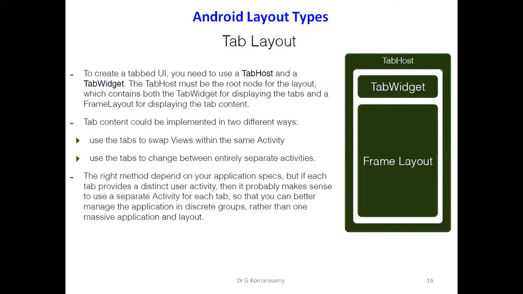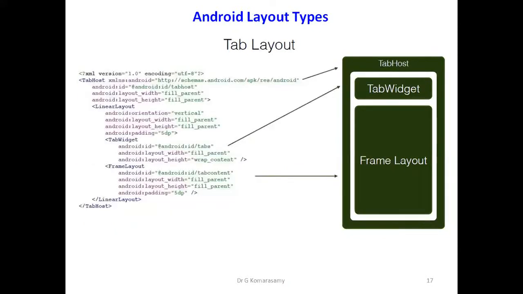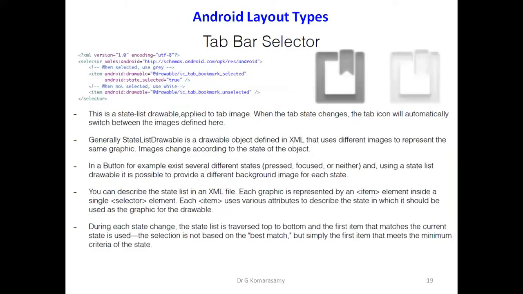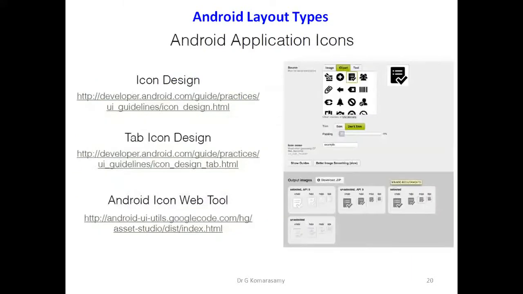In our keyboard, we can use the tab key. At the bottom is the tab widget, and the bottom is a frame layout. Just click the tab button and it changes automatically. Here we can change the bottom tab width and tab height, and the tab bar selector. So these are some of the icons.